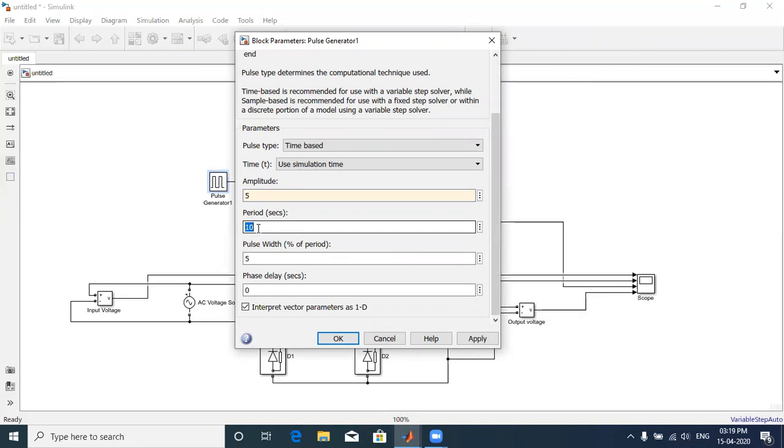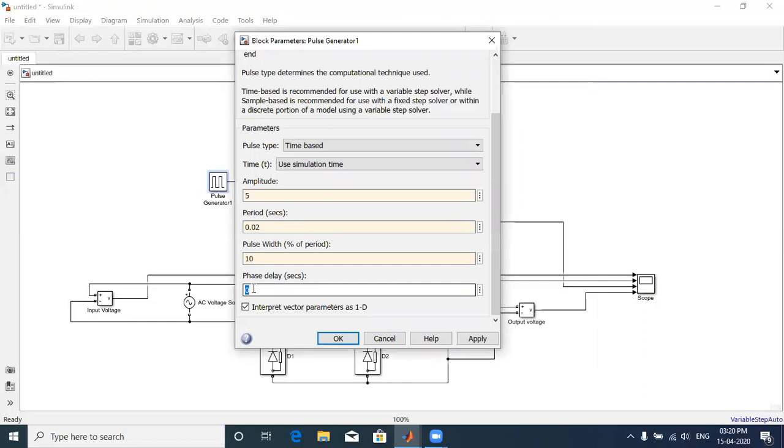Here the time period in seconds, how much will it be? Our frequency is 50 hertz, so 1 by 50 is the time period. 1 by 50 is 20 milliseconds, and in seconds it is 0.02 seconds. And the pulse width, for instance, say I am taking 10. Now how to calculate the phase delay? I'm considering alpha equal to 60 degrees.